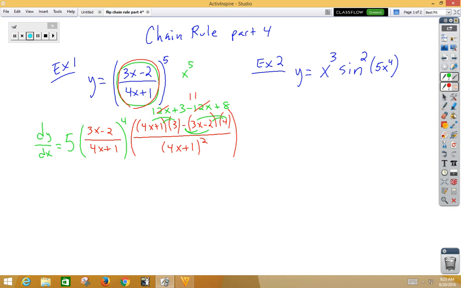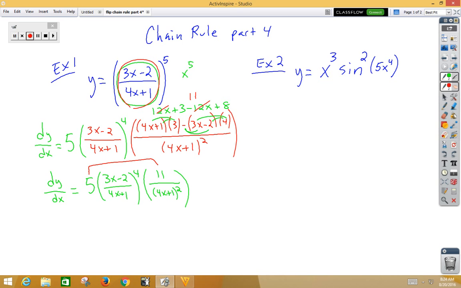And what I would probably do is go dy/dx is equal to 5, 3x minus 2 over 4x plus 1 to the fourth power, and then 11 over 4x plus 1 squared. We could, if we want to, multiply that 5 in and make that a 55. I leave that up to you.